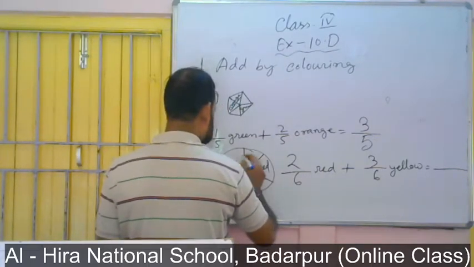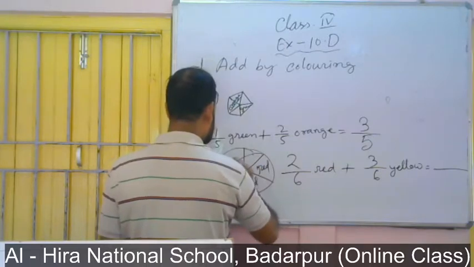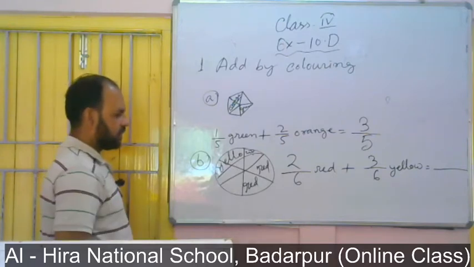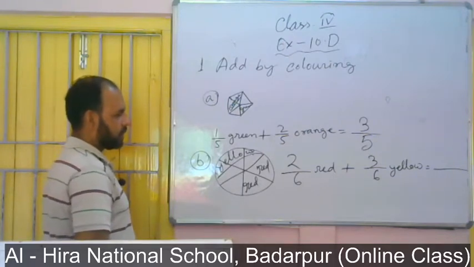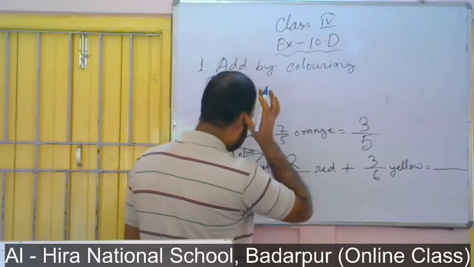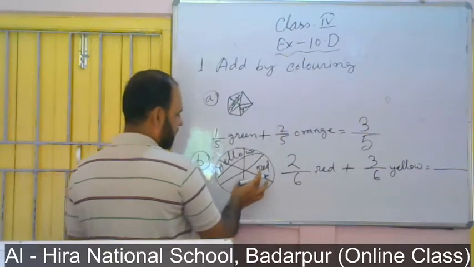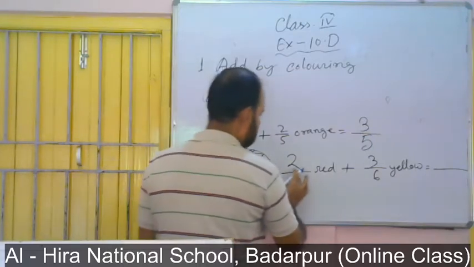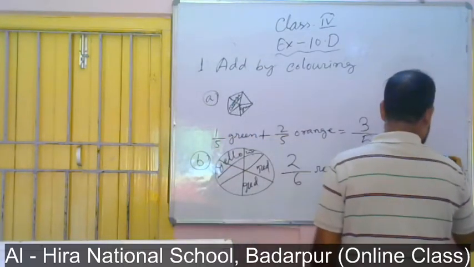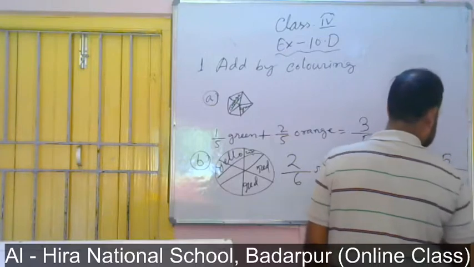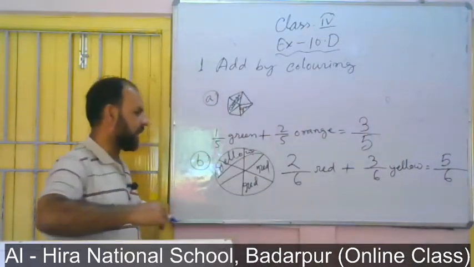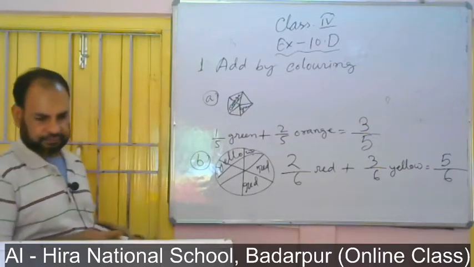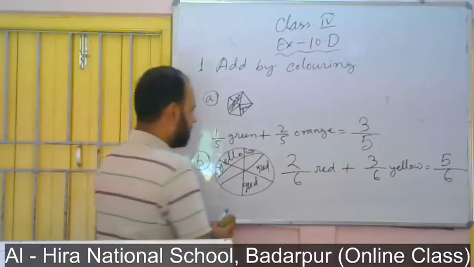How many parts in total are shaded, red and yellow? 1, 2, 3, 4, 5. So 5 by 6 parts are shaded.